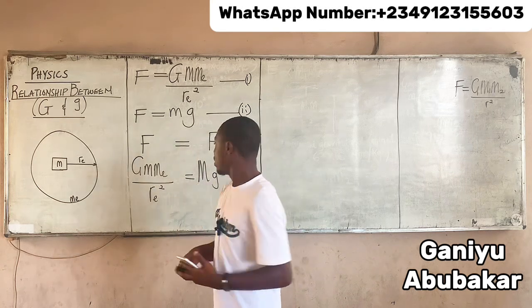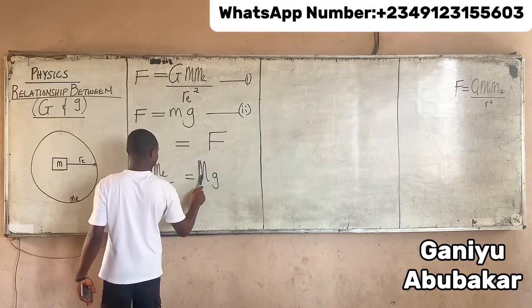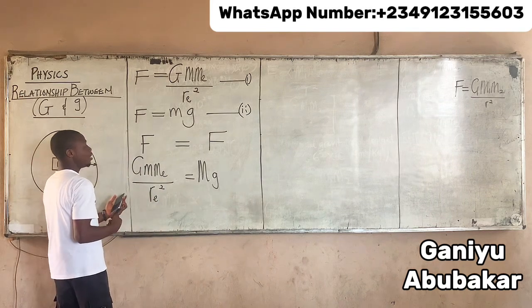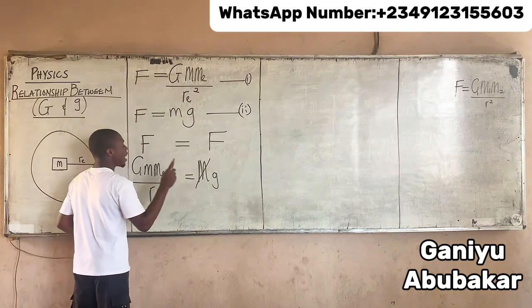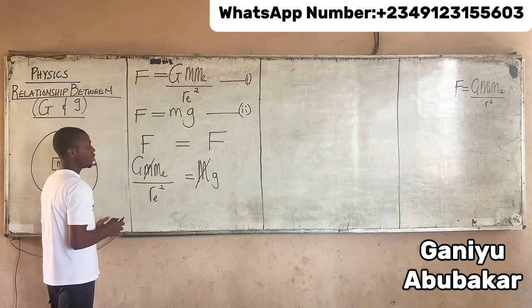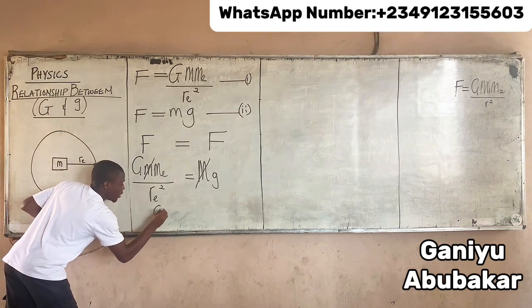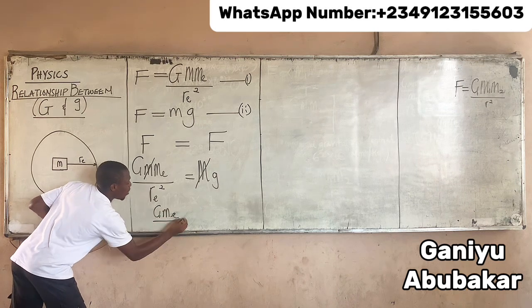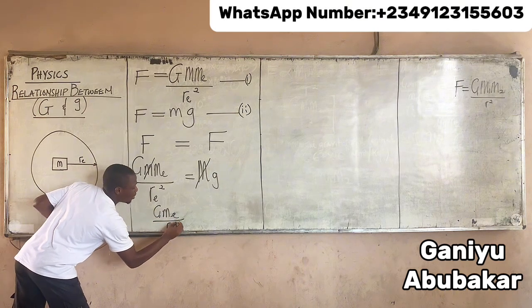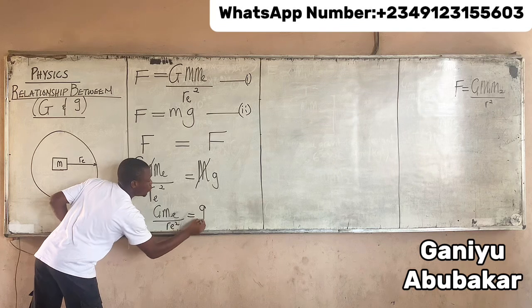What do I mean? I can see mass here, I can see mass here, so this mass can cancel this mass. All I have left is G ME over RE squared is equal to g.